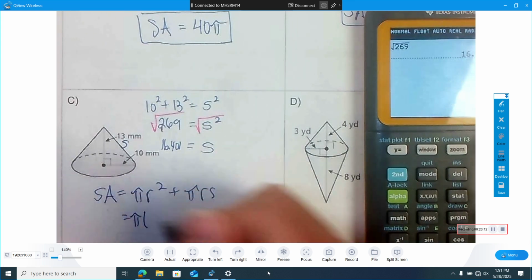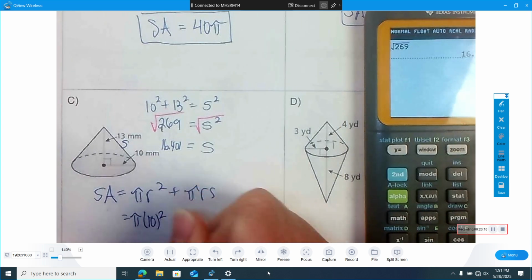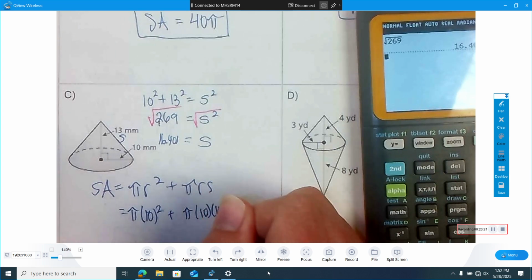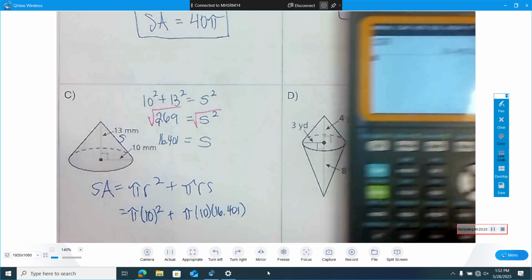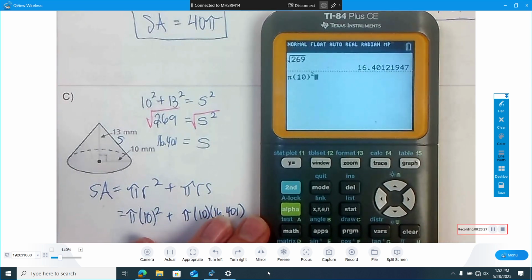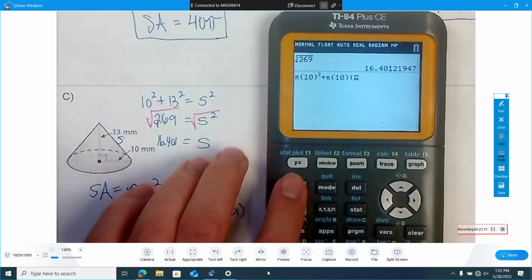And pi, our radius is 10. Very good. Pi times 10 squared plus pi times 10 times the 16.401 craziness. Pi times 10 squared plus pi times 10 times my answer.